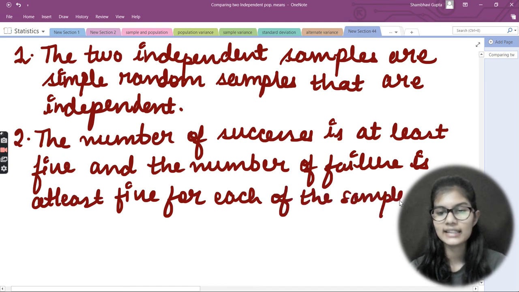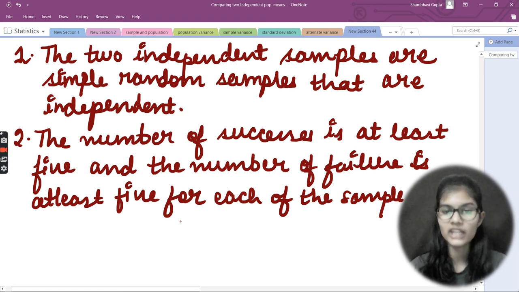Now this is another thing that comes up: the number of successes is at least 5, and the number of failures is also at least 5 for each of the samples.